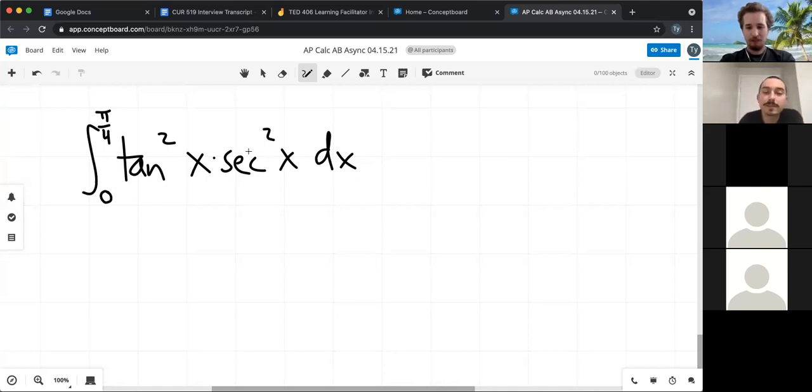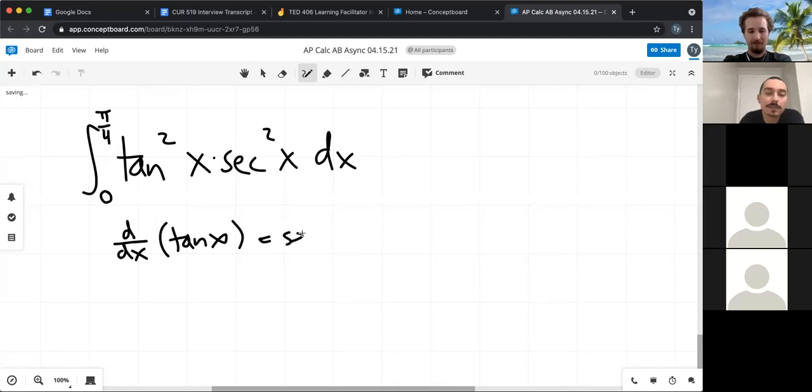What do we know about secant squared x with calculus? Okay, so 1 over cosine squared x, yeah. But with calculus, trig derivatives, it just so happens that taking the derivative with respect to x of tangent of x is secant squared x.